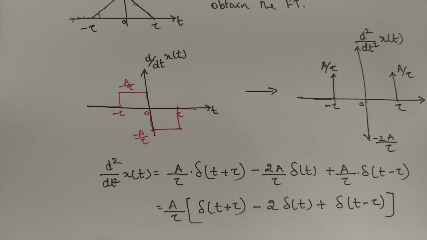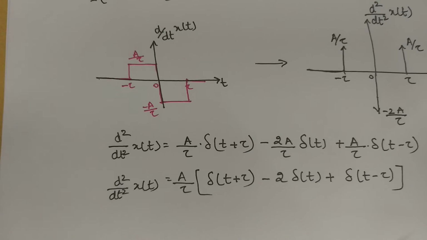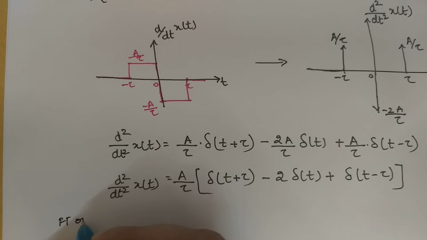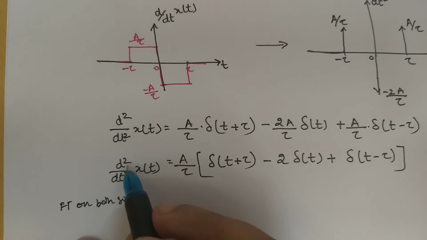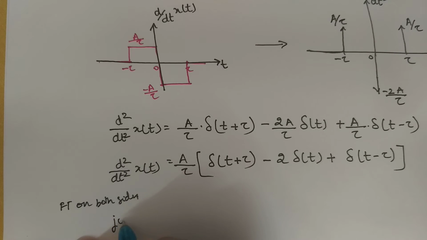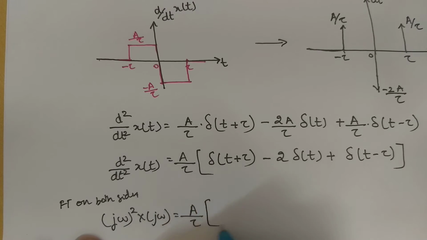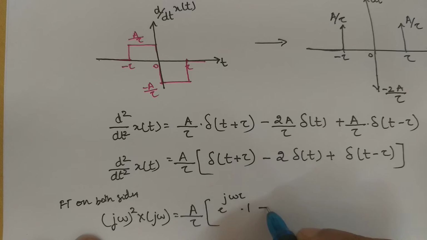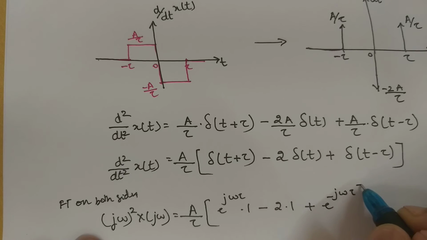Using the Fourier transform and properties of differentiation as well as the time shift, we can obtain the Fourier transform on both sides. Since this is d square by dt square, we will get j omega whole square into x of j omega, which is equal to a divided by tau, and this will be e to the power of j omega tau into 1 minus 2 into 1 plus e power of minus j omega tau.